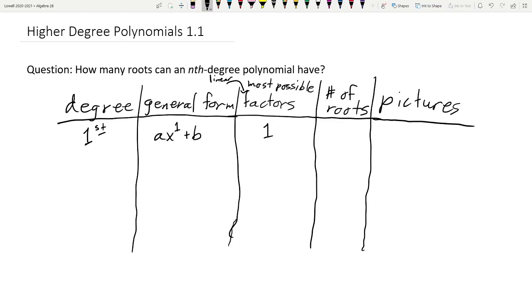Remember, we spent a lot of time discussing the connection between the factors and the roots. And there's basically a one-to-one correspondence. So if there's one factor, there can only be one root. I know that this is a straight line with just one x-intercept, so it must look like this.